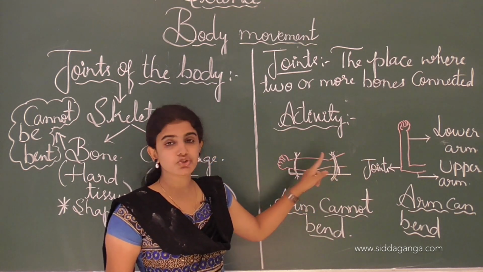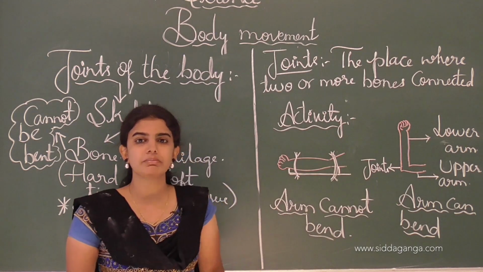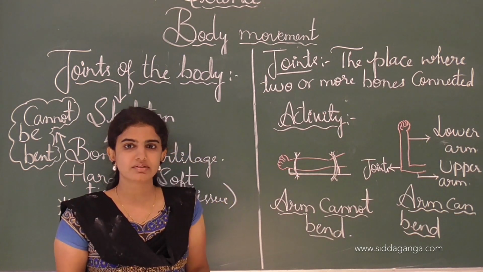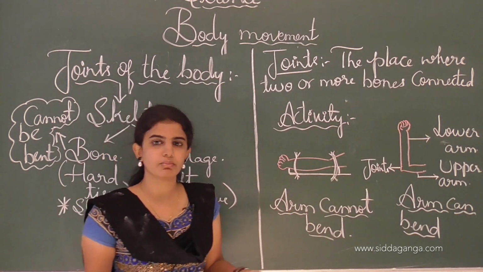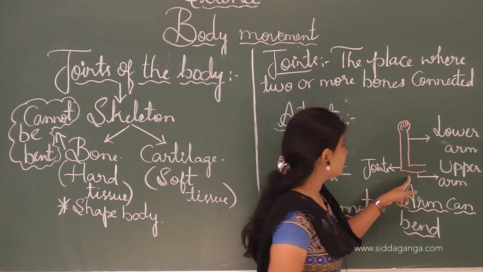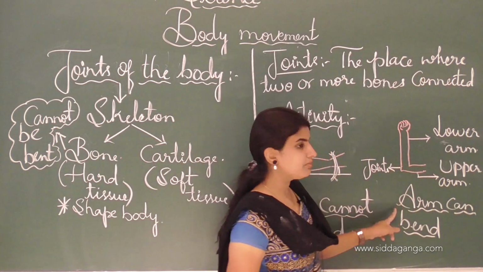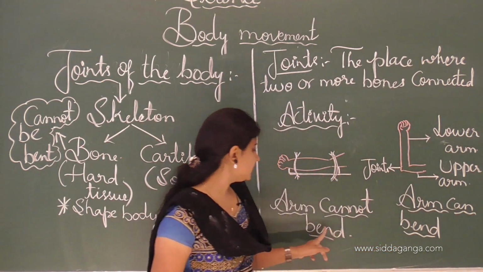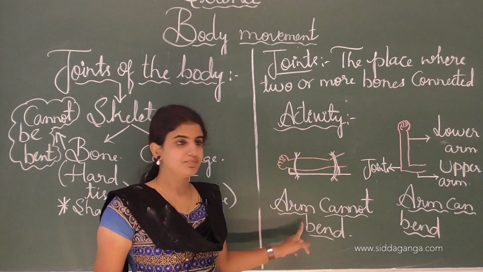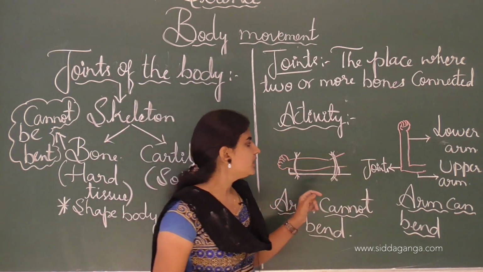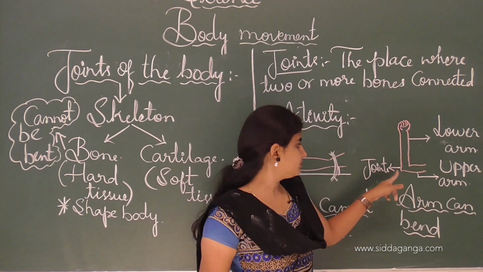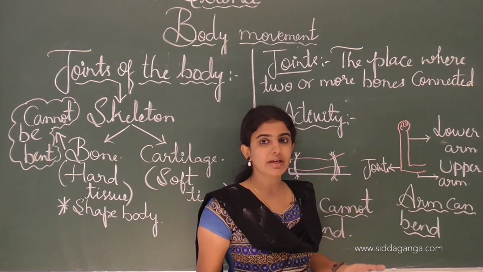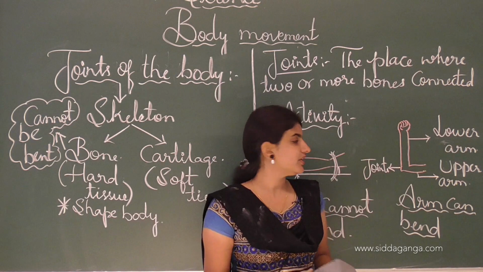Whenever joints are present, we can easily bend our body parts. For example, in hands and legs, we can easily bend the body parts. Here the arm can be bent easily, whereas here the arm can't be bent since the stick is present. Here the elbow joint is present, and from this joint we can easily move our hand in any direction.